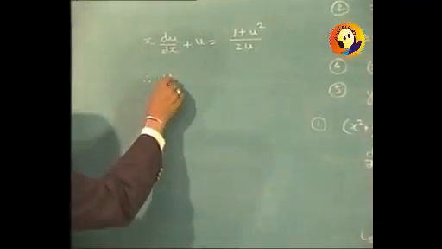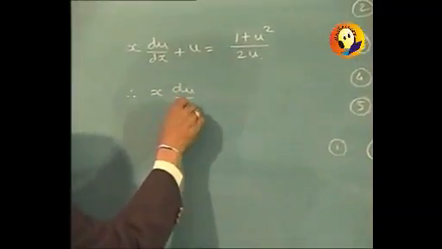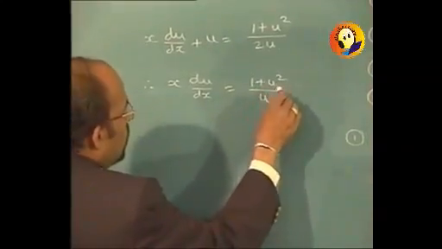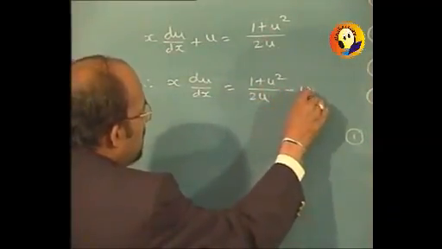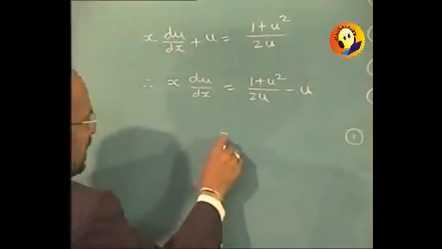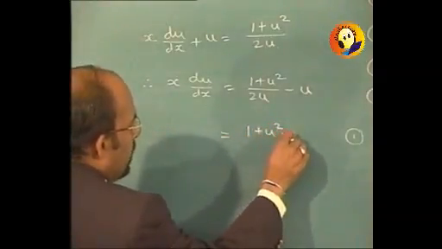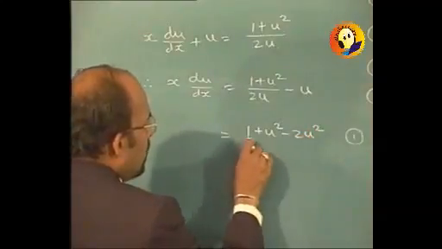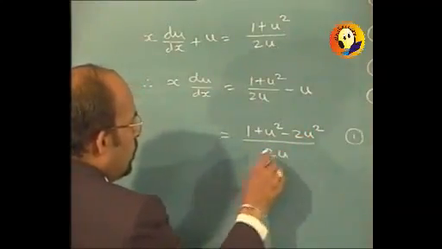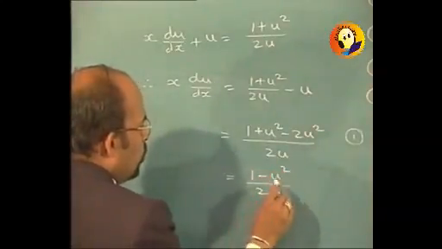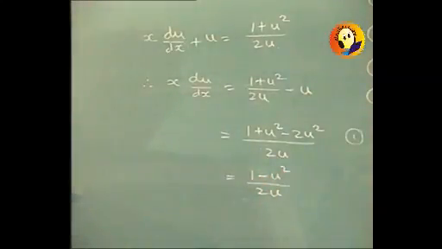Therefore x du by dx equal to 1 plus u square upon 2u minus u. Take the LCM, it is 1 plus u square minus 2u square upon 2u, which will be 1 minus u square upon 2u. Now this is in the form of variable separable.